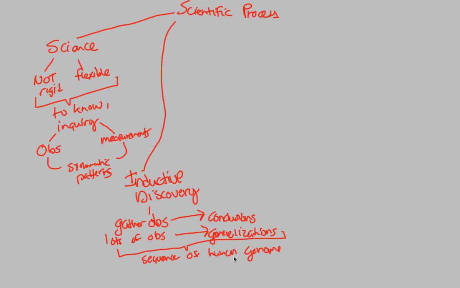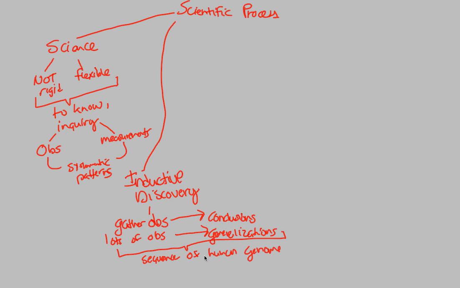It has so many genes, the human body. So what we did was we sequenced it. We figured out what every single gene does. This was inductive reasoning. We took something that had lots and lots of observations about it. The human genome has been studied for a long time. And what did we do? We came up with some general conclusions about it.